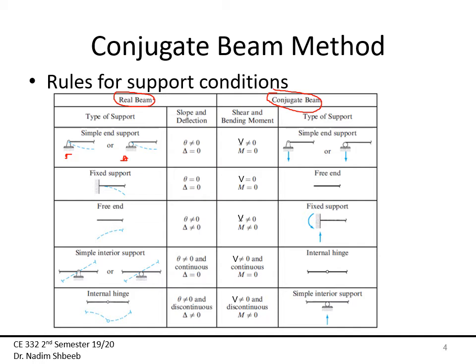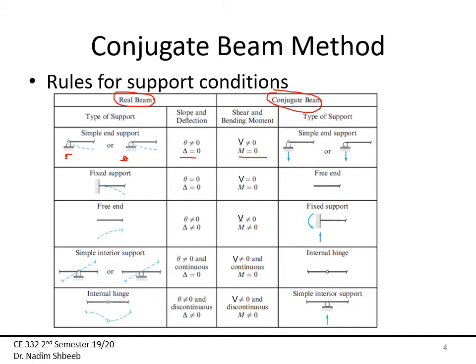Okay, so I still would like to keep the same condition in the conjugate beam, meaning if my deflection is equal to 0, and since the deflection is analogous to my moment, then my moment must also be equal to 0 in the conjugate beam. Theta is not equal to 0, which means that the shear is not equal to 0 as well.